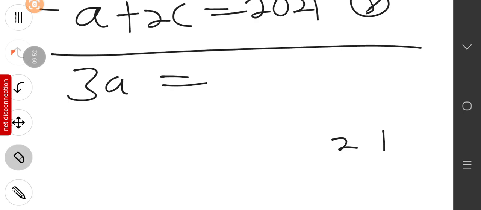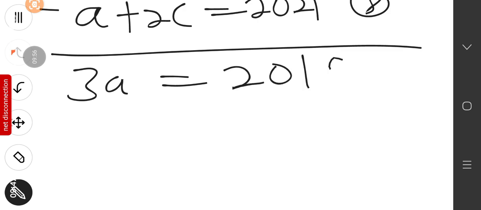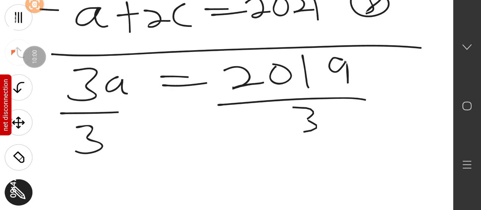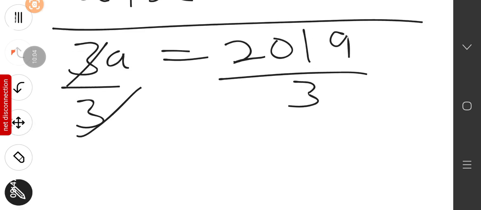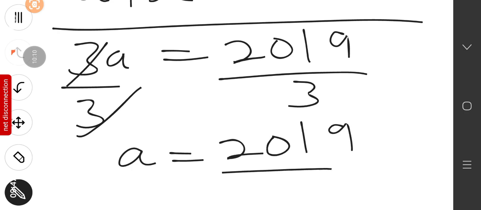All right, so you're going to have 2019 here. I divide here by 3, here by 3. Now you know the value for A. So you can say A equals 2019 over 3.